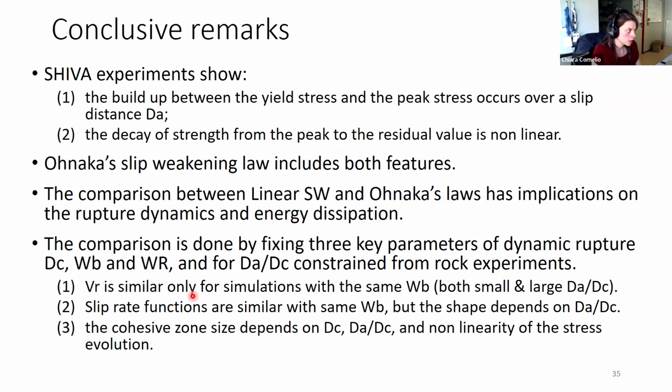And what we see is that some features can be kept the same if we have the same energy, for example the rupture velocity and the maximum slip rate. However, neither the shape of the slip rate nor the size of the cohesive zone is similar between the Onaka friction law and the linear slip weakening one.